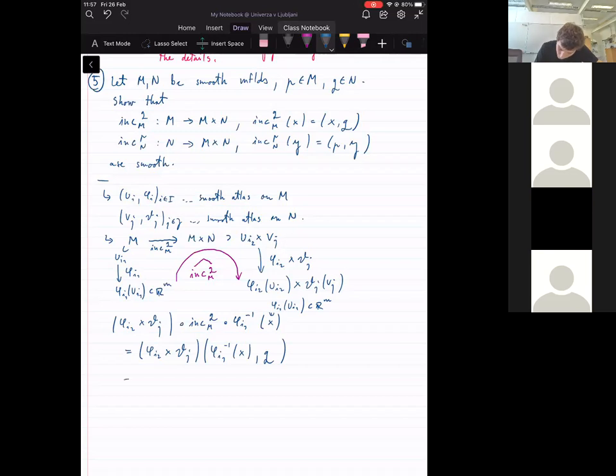So here what we get now is phi_i2 of phi_i1 inverse of x, comma, theta_j of q.